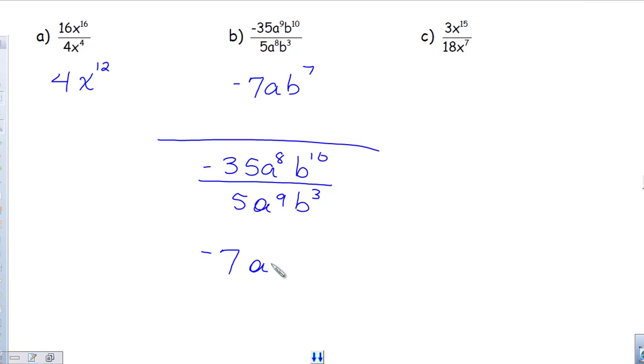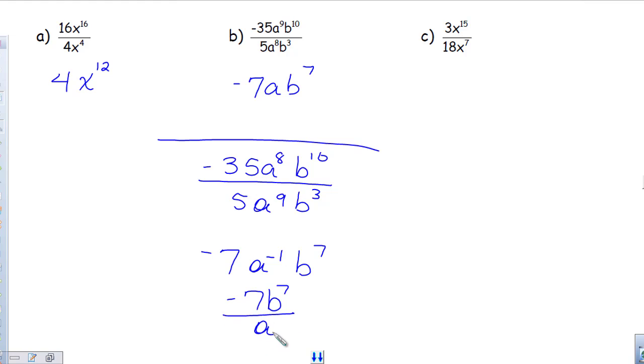We get a to the negative 1, b to the 7th. Okay, then I would move the a. Whenever we're doing the quotients, the result goes in the numerator. And if it ends up being negative, we can move it to the denominator. So this would be negative 7 b to the 7th over a, if we had that.